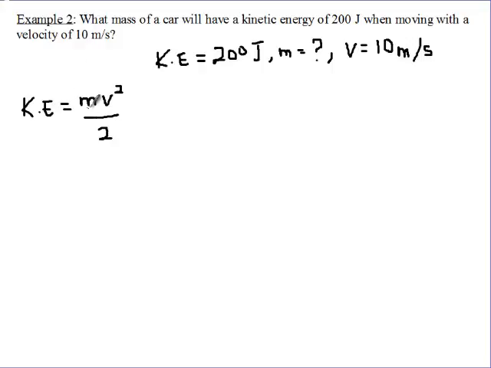Now we want to make m the subject, so we need to get rid of everything attached to the m. First off, we can get rid of the 2. The 2 here is dividing the mv squared. When a number is dividing, we do the opposite to it. The opposite of division is multiplication. So we multiply both sides by 2.